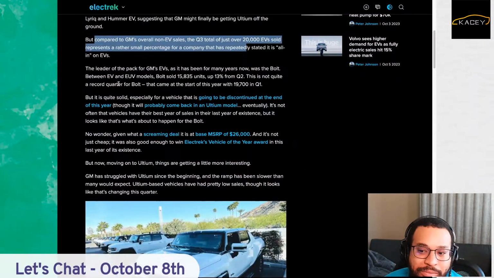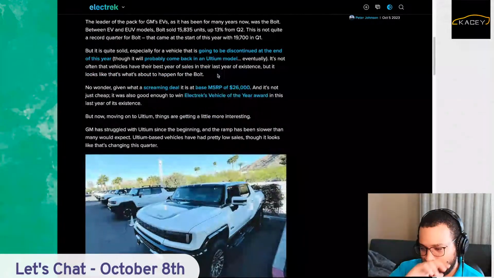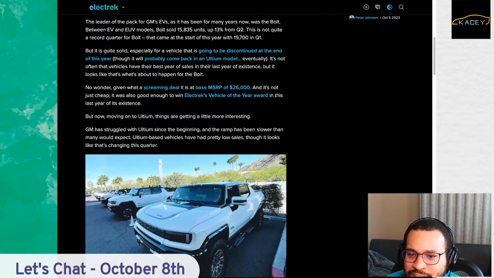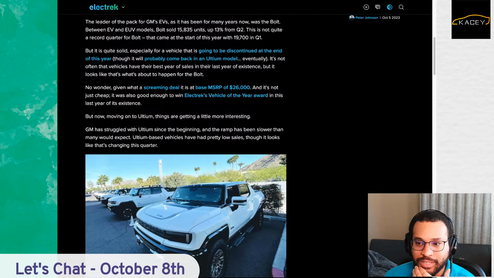The leader of the pack for GM's EVs, as has been for many years now, was the Bolt. Yeah, go figure. The entry-level, easily affordable car does well. Who would have thought? Between EV and EUV models, the Bolt sold 15,835 units for the quarter.